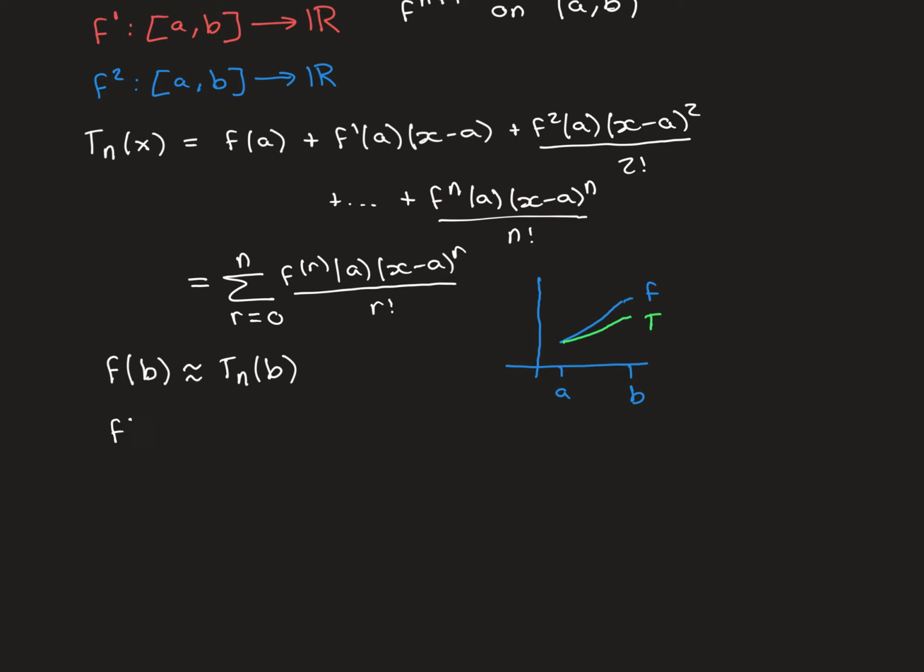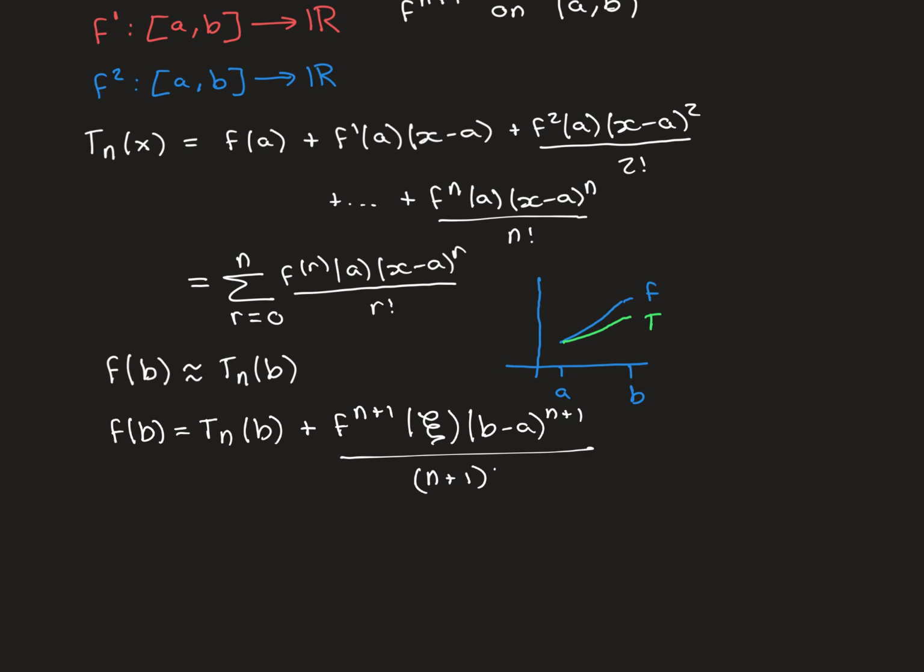So we can rewrite this to make it an equality. f of b is equal to the value of the Taylor polynomial evaluated at b plus this correction term, this error term, which is f differentiated n plus 1 times evaluated at some magic value xi times b minus a to the n plus 1 over n plus 1 factorial. Let me explain this.